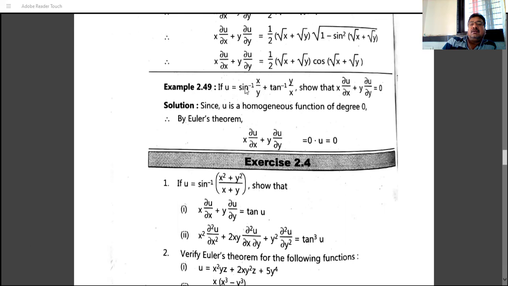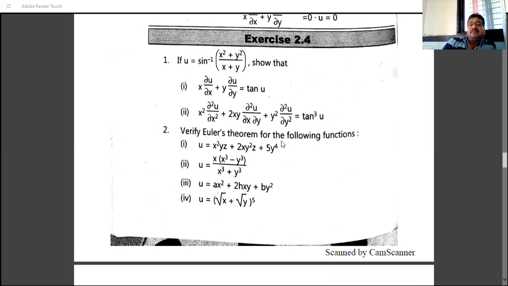If you replace x and y by tx and ty, then we have sin inverse tx by ty plus tan inverse ty by tx, the t gets cancelled, and we have the same answer, that is t raised to 0 into f(x, y). So f(tx, ty) is t raised to 0 f(x, y). Therefore, this is a homogeneous function of degree 0, and therefore by Euler's theorem x ∂u/∂x plus y ∂u/∂y is nu, where n is 0, so it is 0.